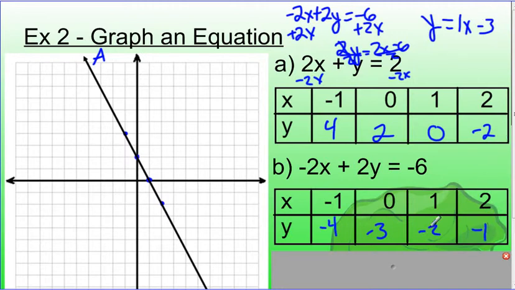By the way, the reason why we have the numbers negative 1, 0, 1, and 2, these are actually numbers that I just kind of came up with. The original problem will probably just say, graph the equation, and it'll give you this. The reason why we choose the numbers negative 1, 0, 1, and 2 is those numbers are close to 0. They're small, which makes doing this math much easier.